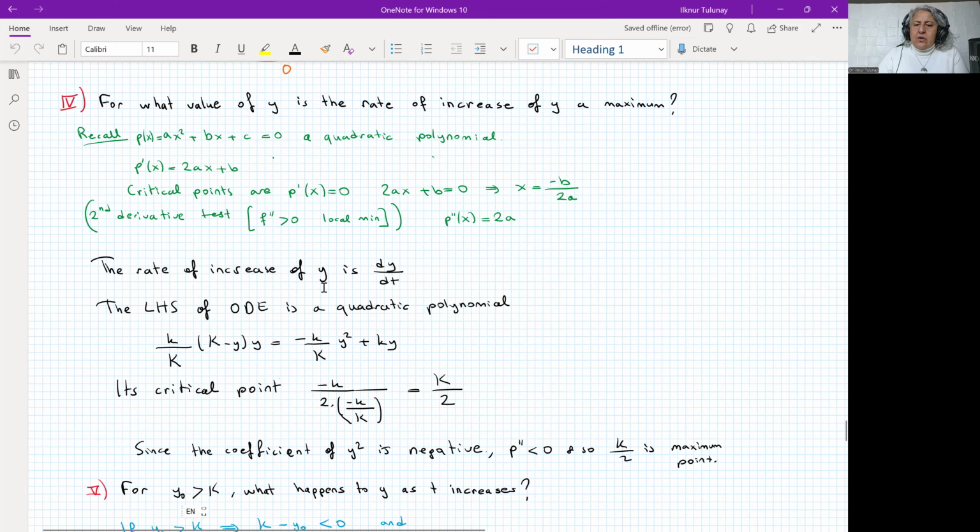So the rate of increase of y is dy over dt, which is the definition of a derivative. The left-hand side of the ordinary differential equation is a quadratic polynomial.